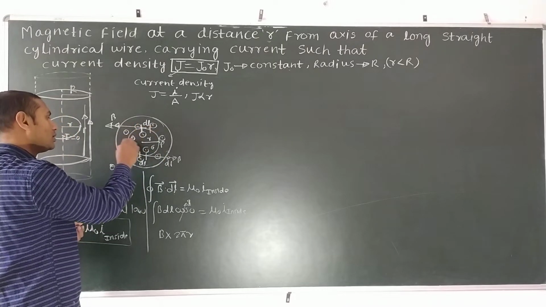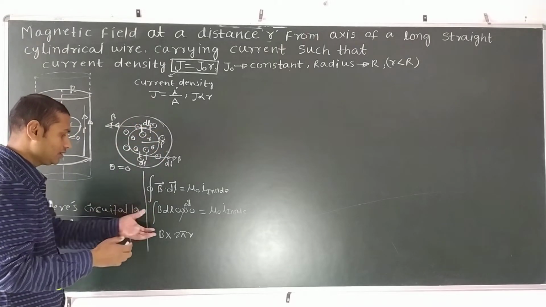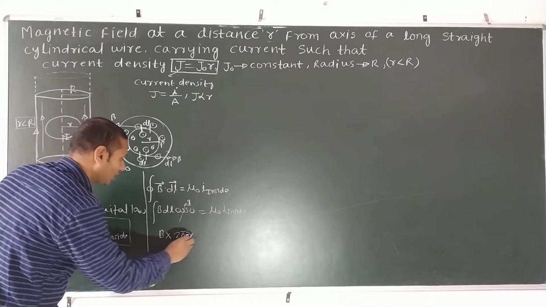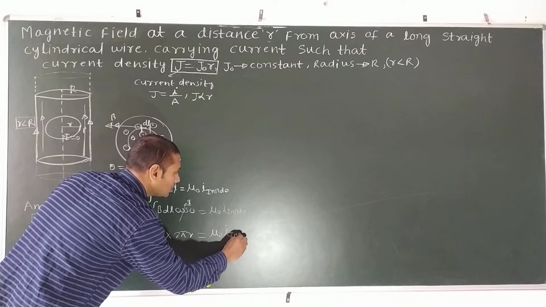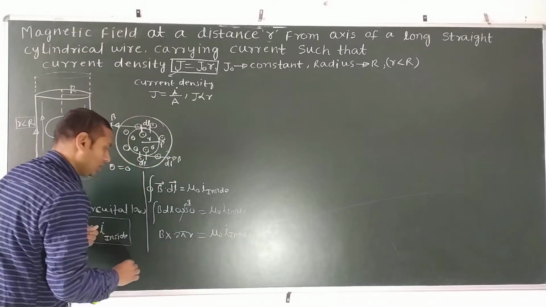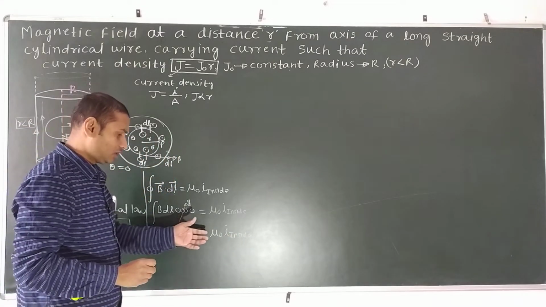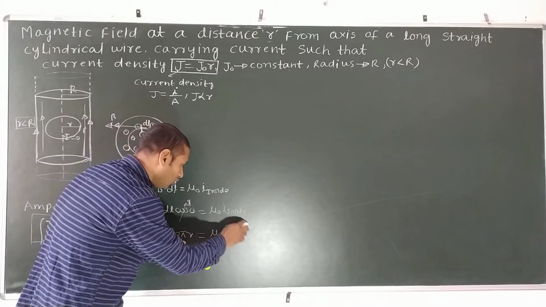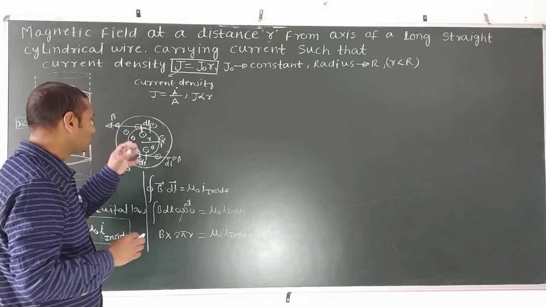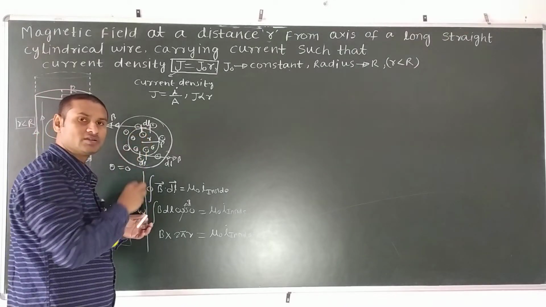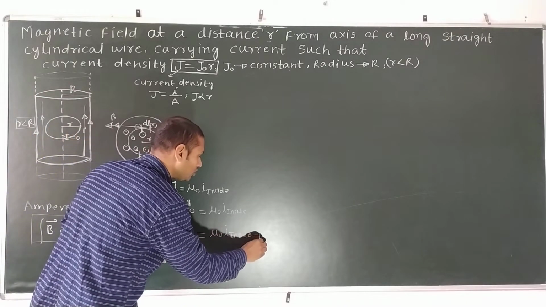As you integrate dl, we find the circumference of the circle, so B times 2 pi r equals mu naught times the current inside. And one thing to be noted here is that we don't know the amount of current present inside the loop. So we have to find it out. We will take this as equation 1.